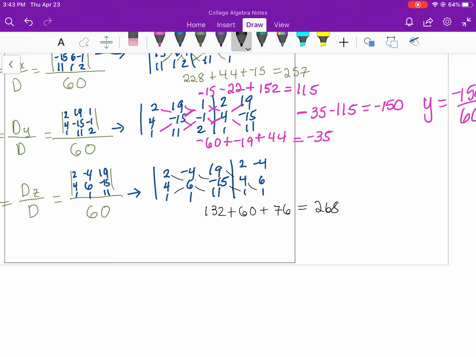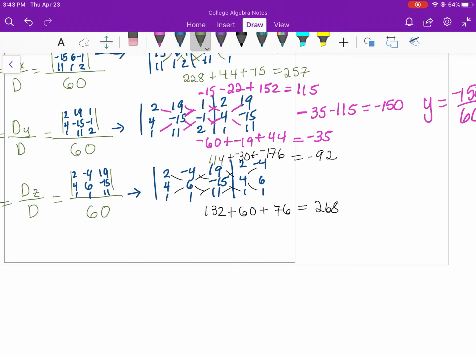Let's come up the other way. 6 times 19 is 114, plus negative 30, plus negative 176, and that's negative 92. Oh, and I have a copying mistake here. Hang on just a second and I'll fix it. It's not 144, I think it's 114.